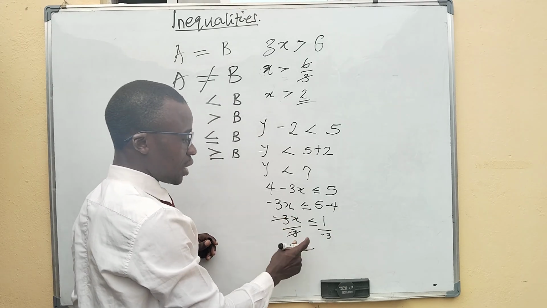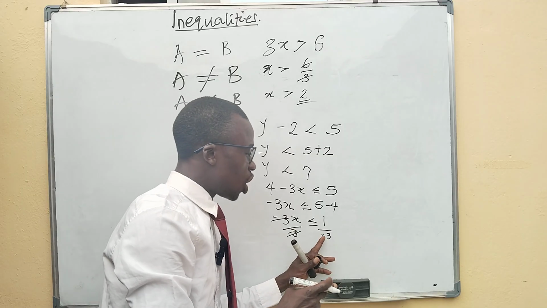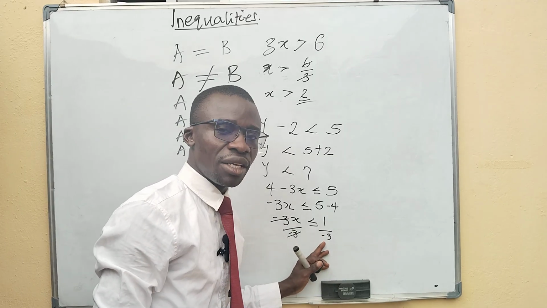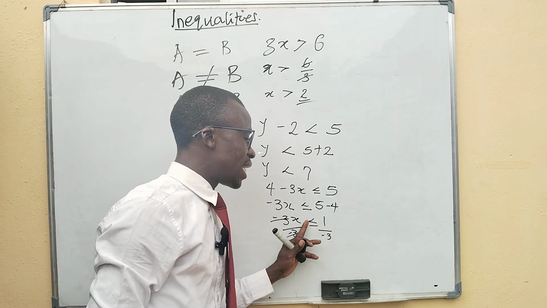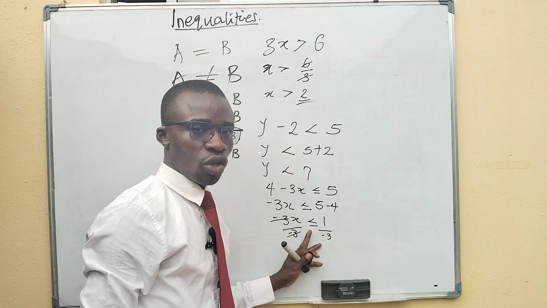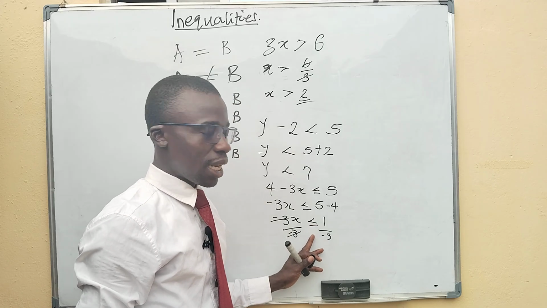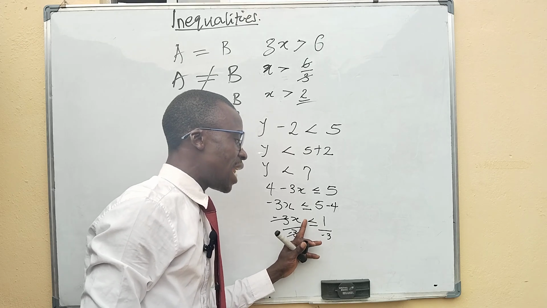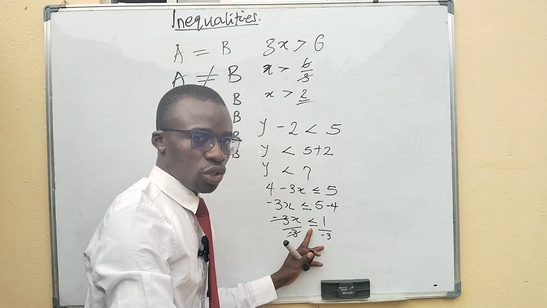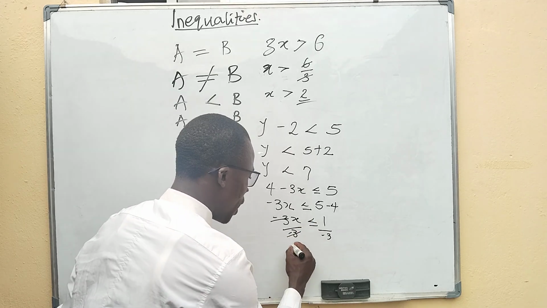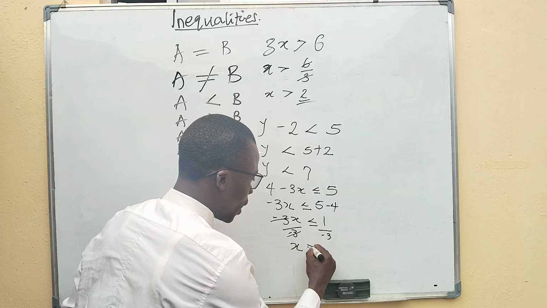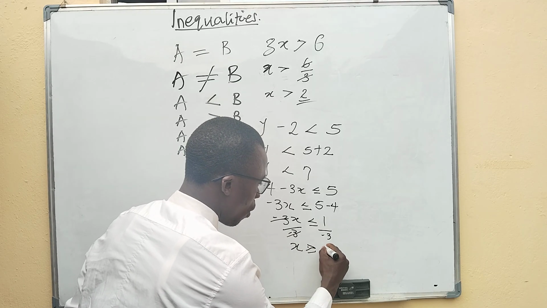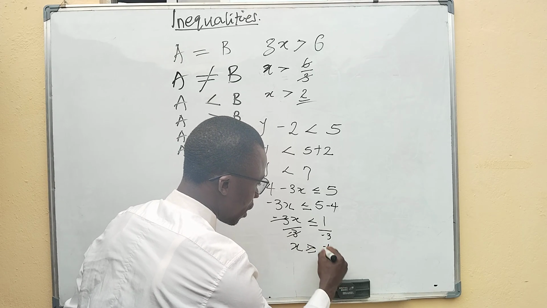Because you have divided by a negative coefficient, the sign less than or equal to will turn to greater than or equal to, meaning our x here will be greater than or equal to minus 1 over 3.